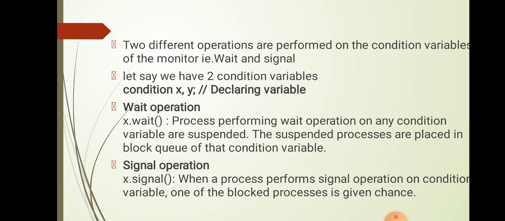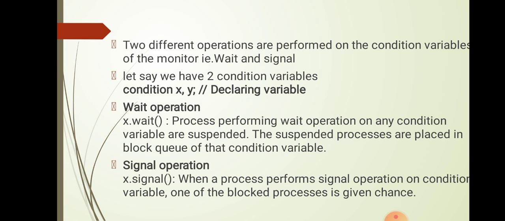It is going to suspend the execution of a calling process on a condition x. If the condition is met, it suspends the execution of the calling process, temporarily blocking it. A process performing a wait operation on any condition variable is suspended, and the suspended processes are placed in a block queue.